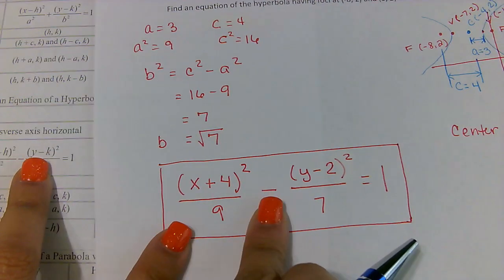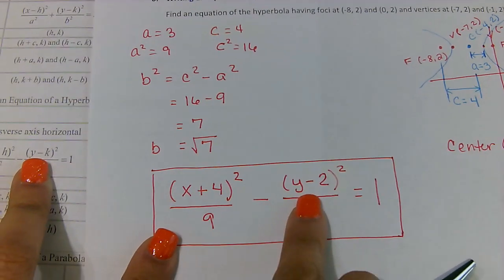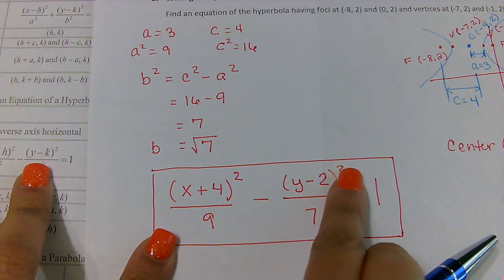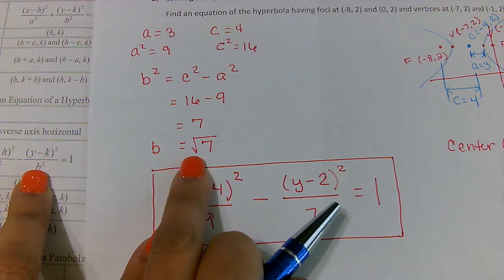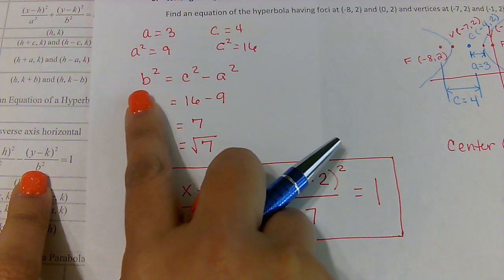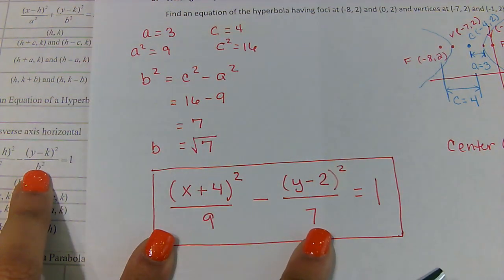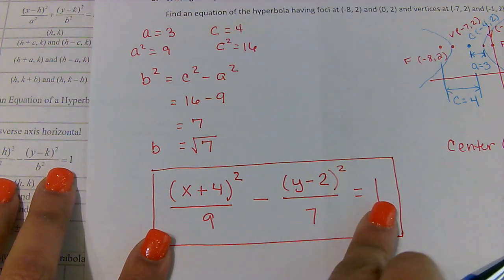Minus y minus k. Since k is 2, I'm going to make sure to put y minus 2. All of that needs to be squared, divided by b squared. Since b is equal to the square root of 7, we know that b squared is going to be equal to 7. So I put 7 in the denominator, and don't forget to set this equal to 1.